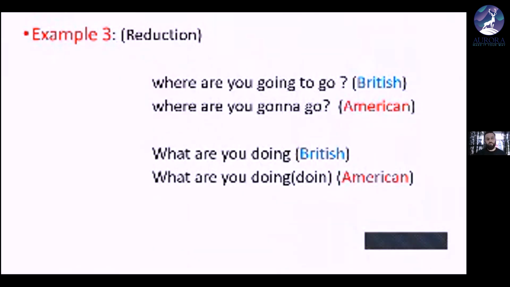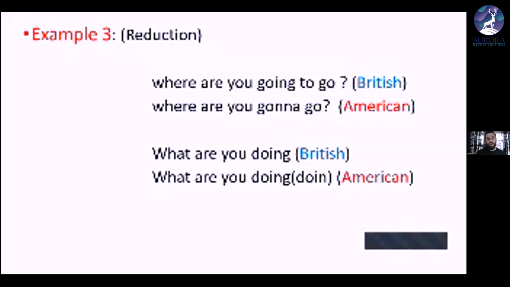Example 3, the reduction. You will see the examples here and you will know what I mean by reduction. The first example is about the British. Let me say it. Where are you going to go? This is the British one.